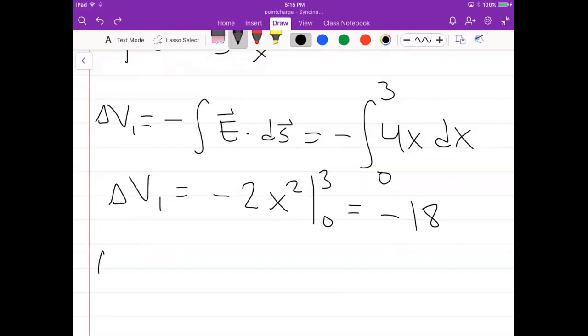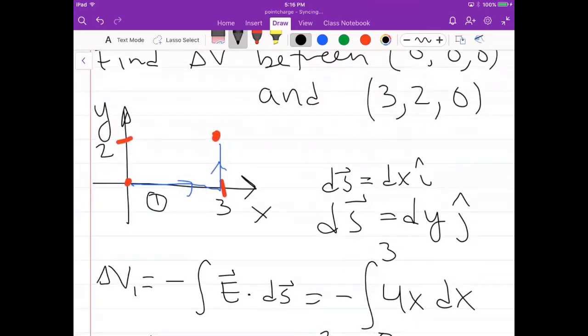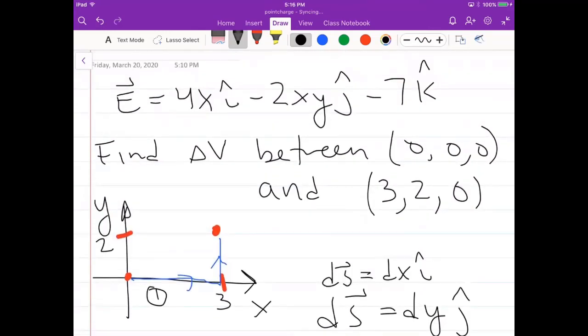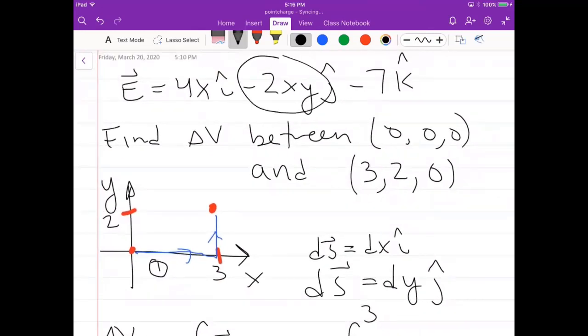Okay, now let's do path 2. So this would be delta V2. And notice that for this path, my ds is going to be in the y direction. So now my ds is dy times j hat. And when I do the dot product of my electric field with the ds, this time it's just going to pick off the j hat component.